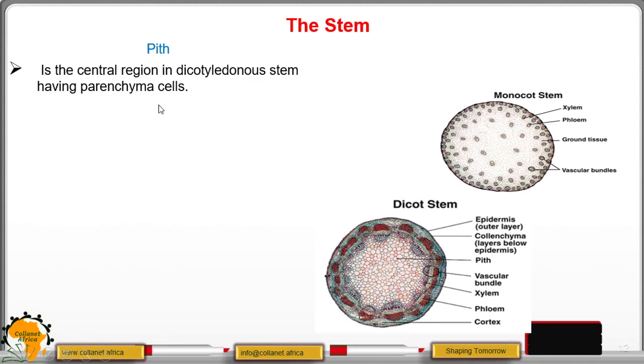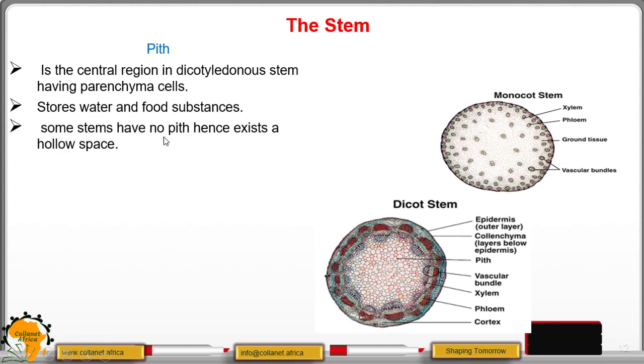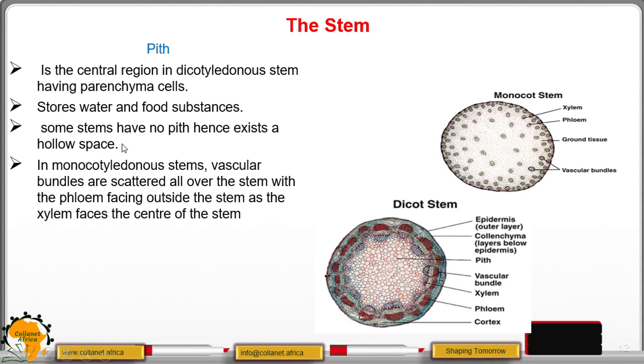The pith is the central region in the dicotyledonous stem, having parenchyma cells. It stores water and food substances. Some stems have no pith, hence exist as a hollow space.